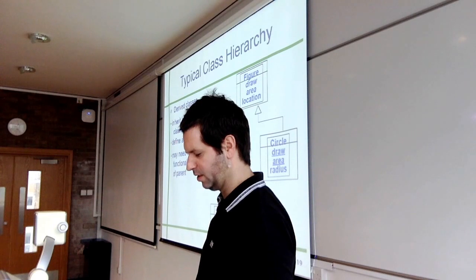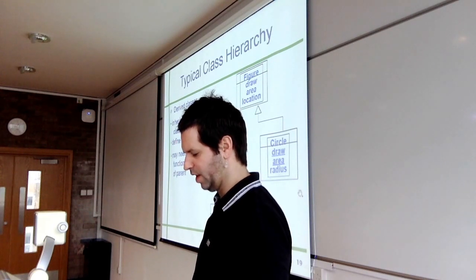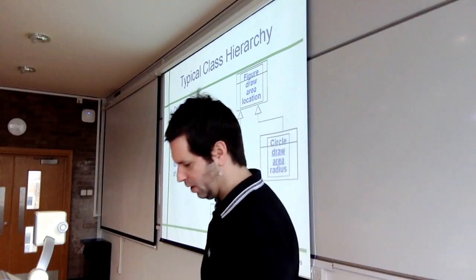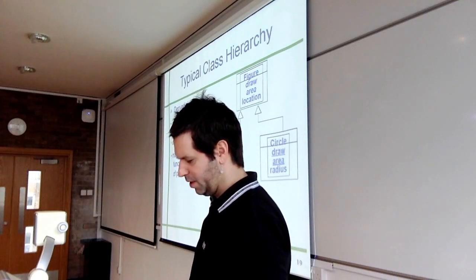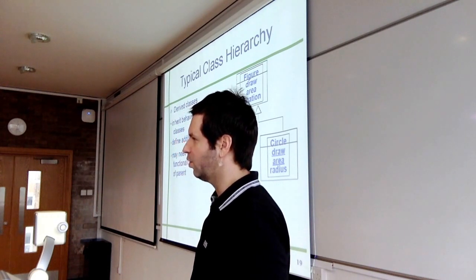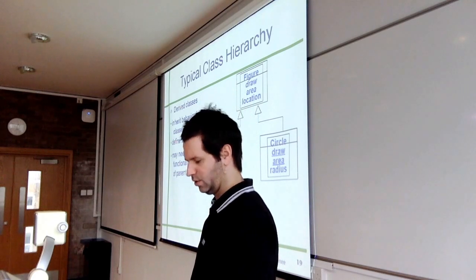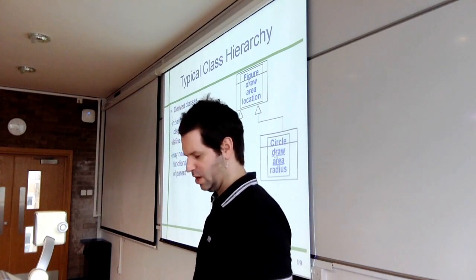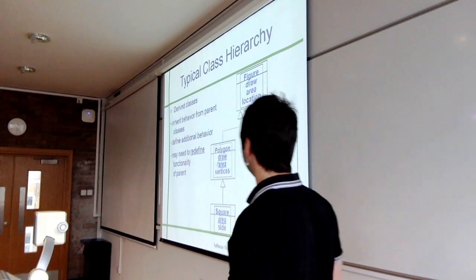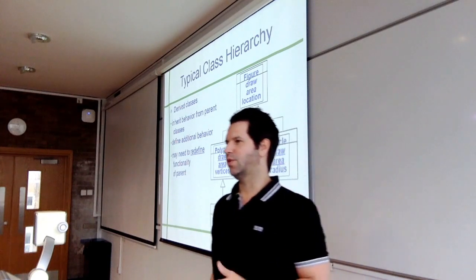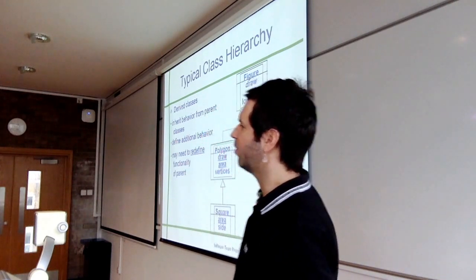The polygon has a set of vertices, and the circle has a radius. So draw and area, that's an example of polymorphism. A polygon is going to know how to draw itself, and a circle is going to know how to draw itself. A polygon is going to know how to compute its own area, and a circle is going to know how to compute its own area.